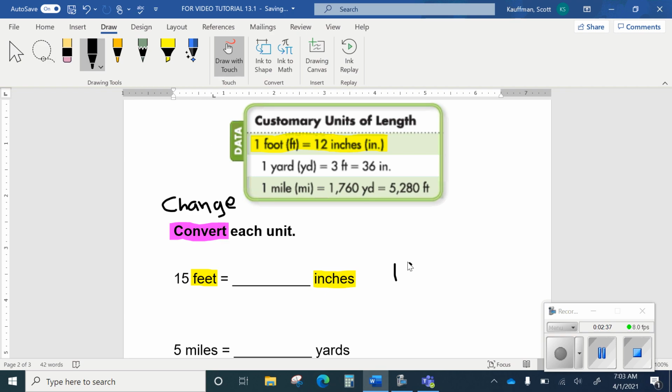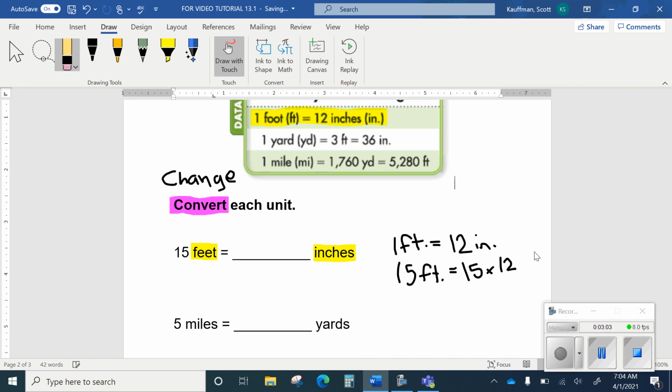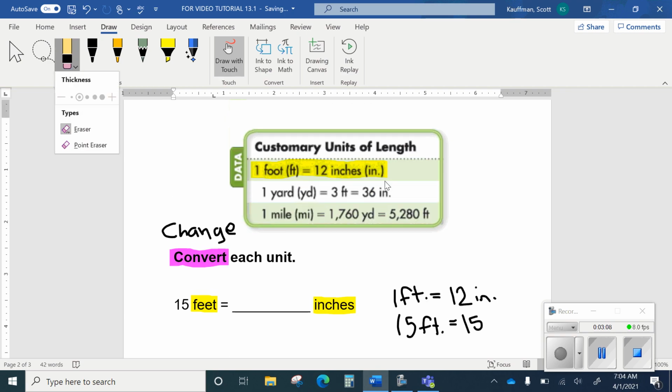All right, so we know in the table that 1 foot is equal to 12 inches. So if we have 15 feet, then we can take our 15 feet and we can multiply that by the 12 inches that we have here. Okay, so in case you're not sure how we did that, we found our measurement, 1 foot is 12 inches.